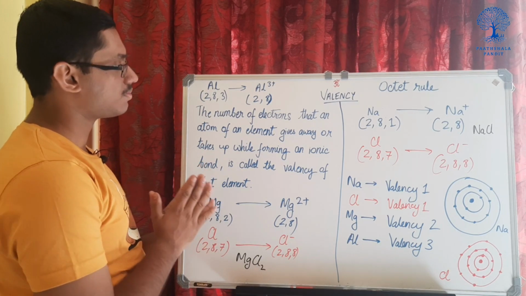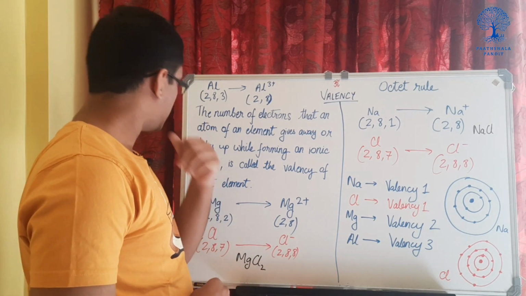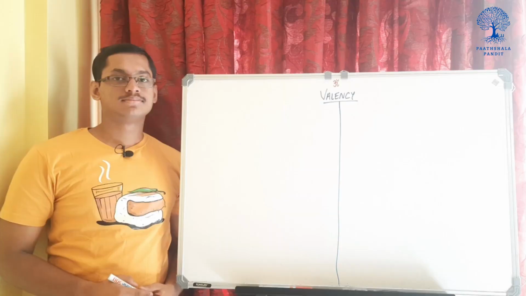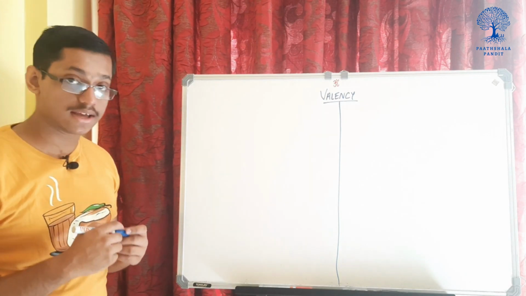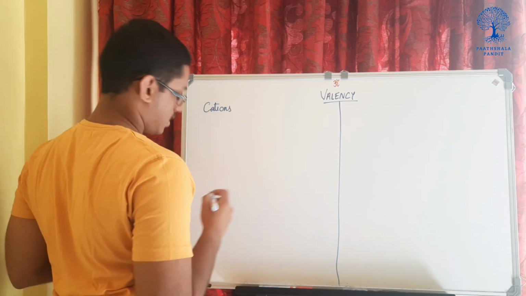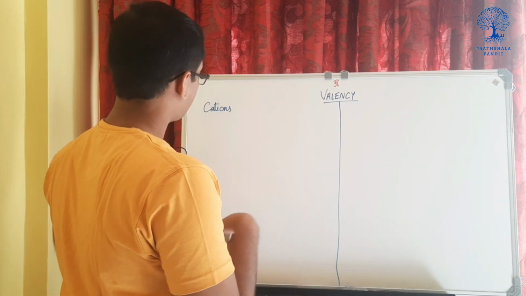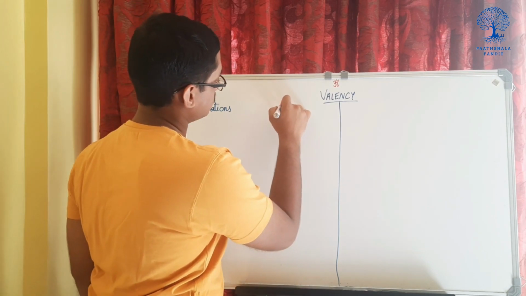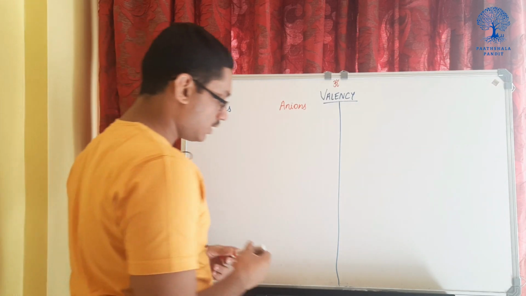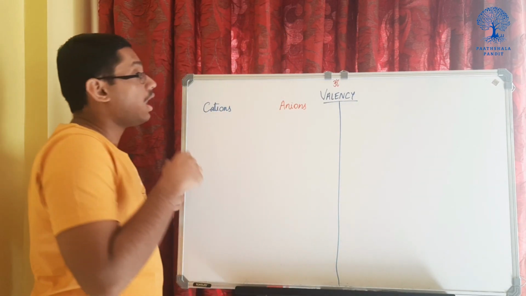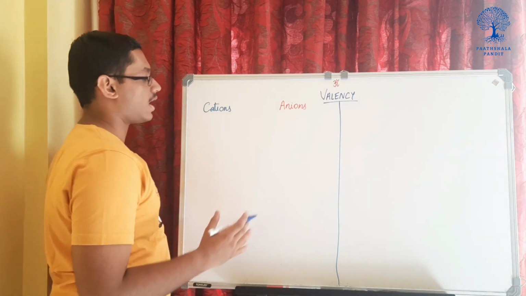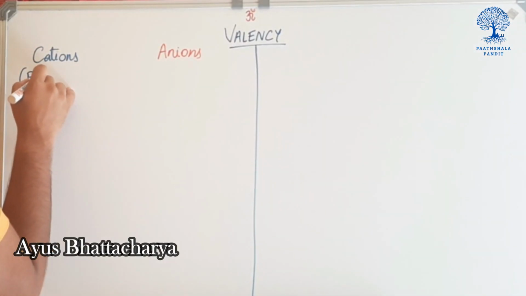Let me erase this board, then we will see what cations and anions are. So cations are the ions which are positive.